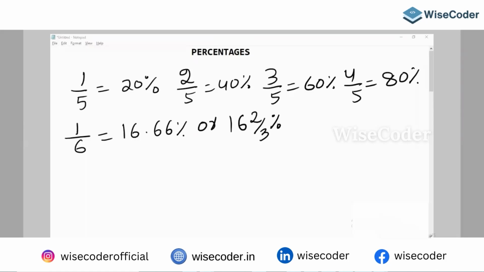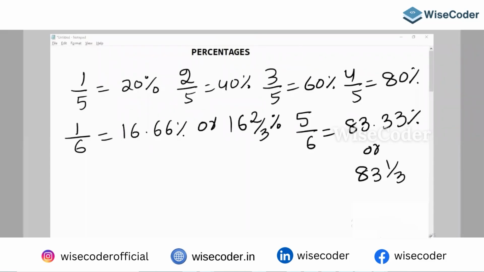Already know. 4 by 6 is nothing but 2 by 3, which is 66.66. 5 by 6. What is 5 by 6? 83.33%, or we can write it as 83 1 by 3%.